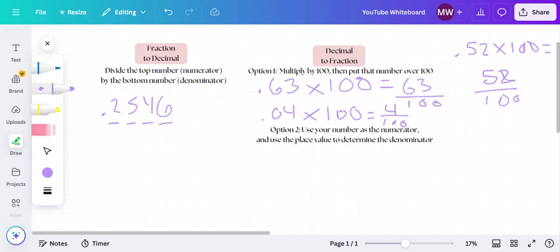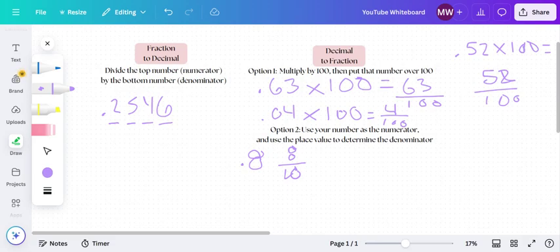So it keeps going. So we can look at what place value our number is in and then put that number as our denominator. So for example, 0.8. That 8 is in the tenths place, so I would make 10 my denominator. And then on top, I would just put 8 because that's my number that's there.